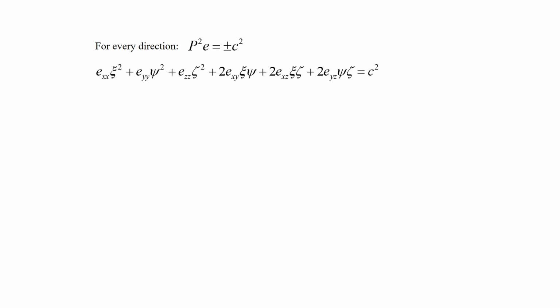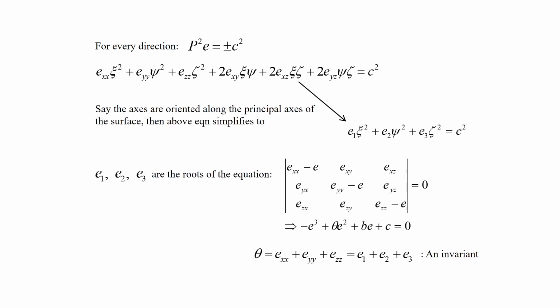It is the same in all the directions, so P square is the same in all the directions. So, that is plus minus C square, and what we can see here is that if the axes are oriented along the principal axes of the surface, then the above equation simplifies to.